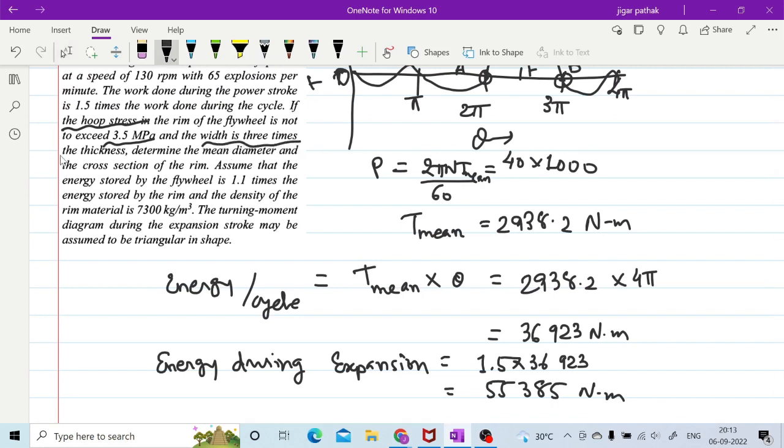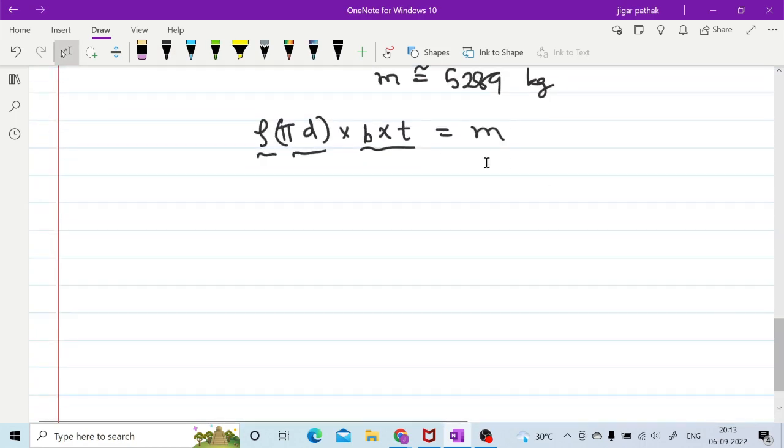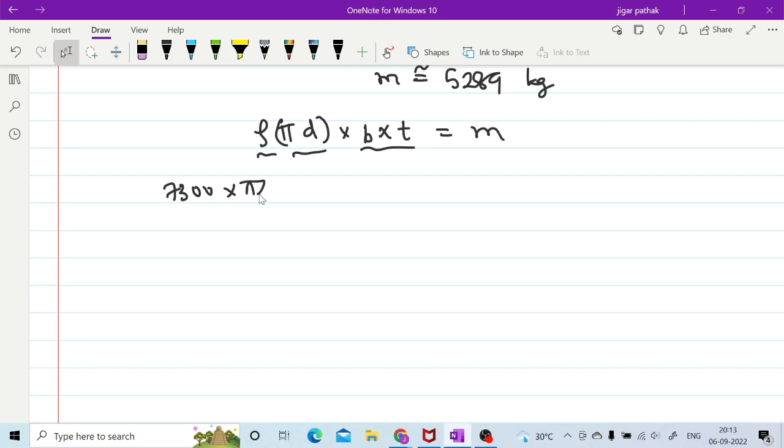So if you write all the data, 7300 into pi into d, which is given as 3.285, into 3t, because width is 3 times thickness, into t is equal to 5289. So you can solve it for t. Can you tell me what is t?